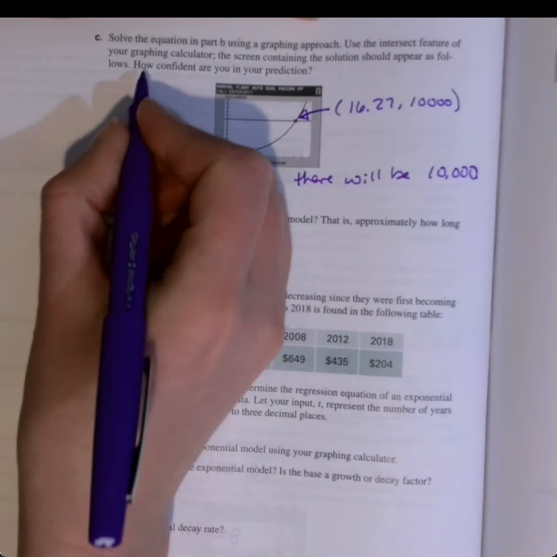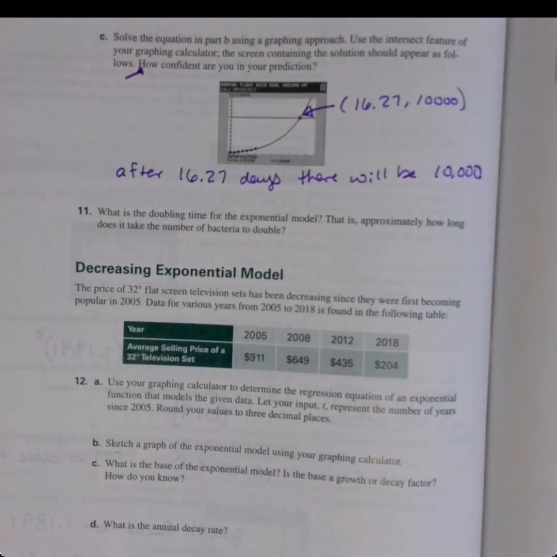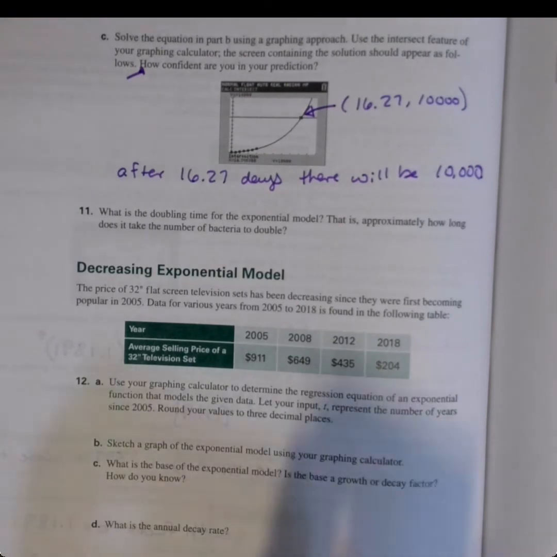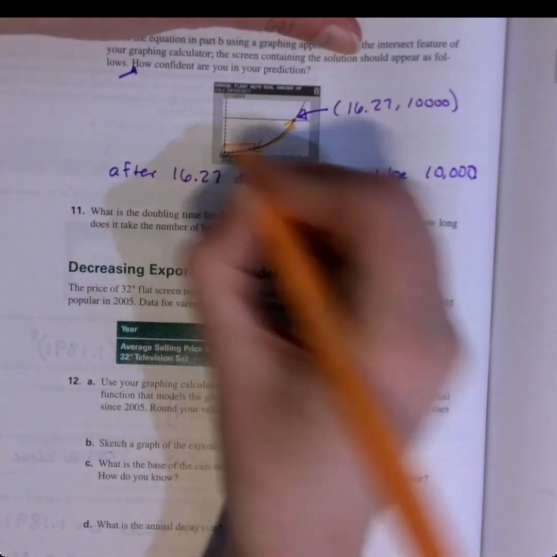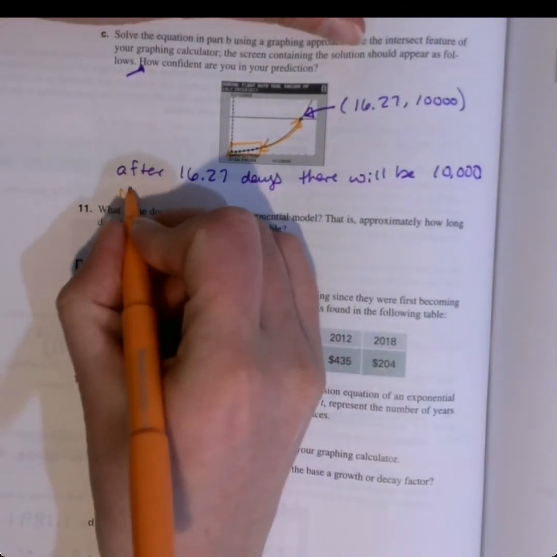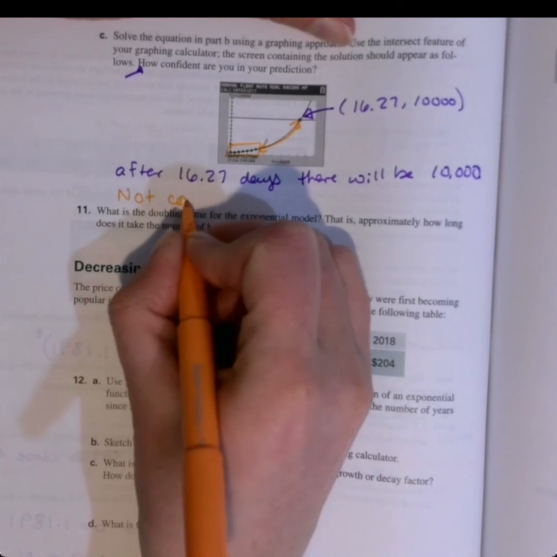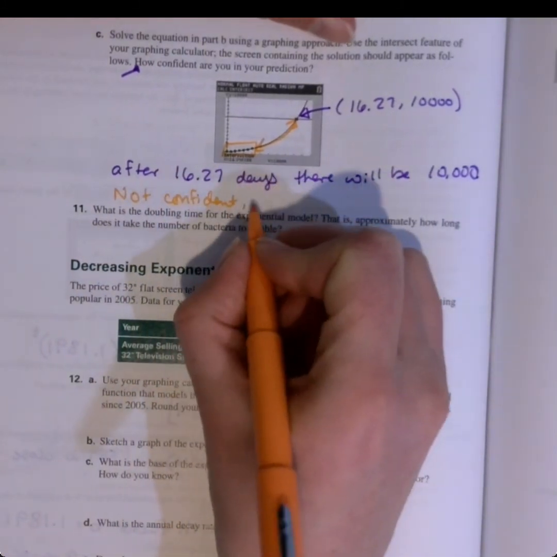And they do ask me, how confident are we in the prediction? And I'm going to say that we're not very confident because look at the distance between that point and your data set. The data is all chunked down here and we are far away from that. So we are not confident, as this is extrapolation.